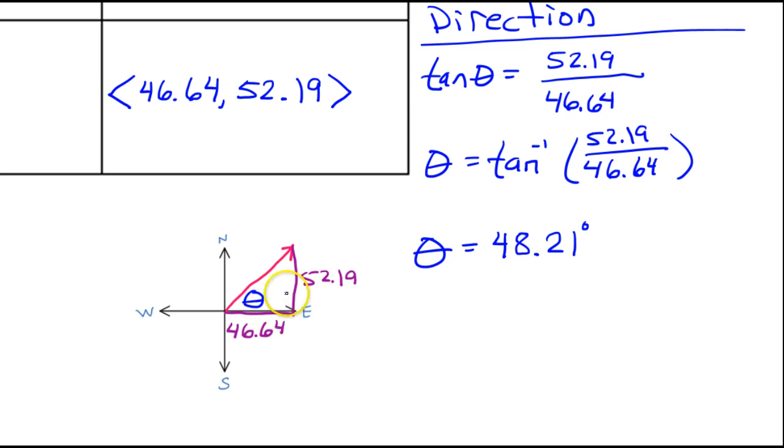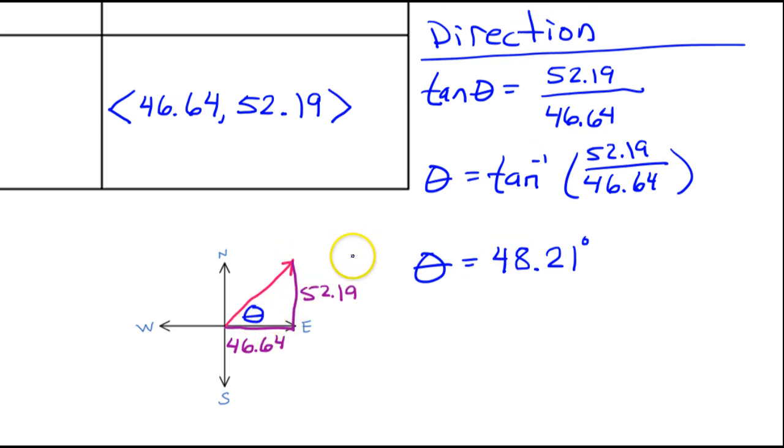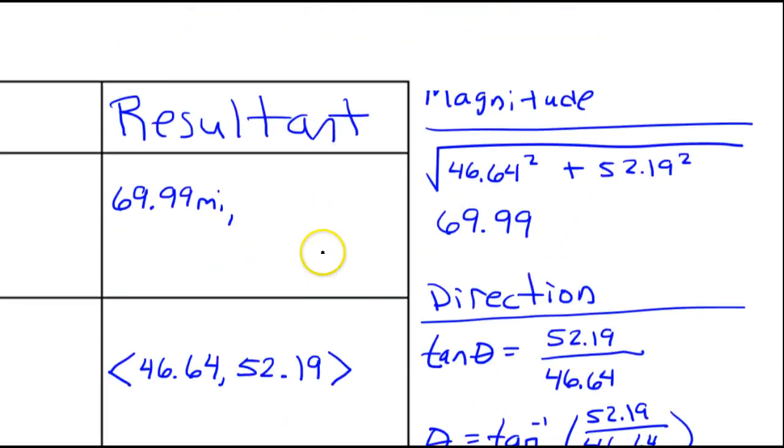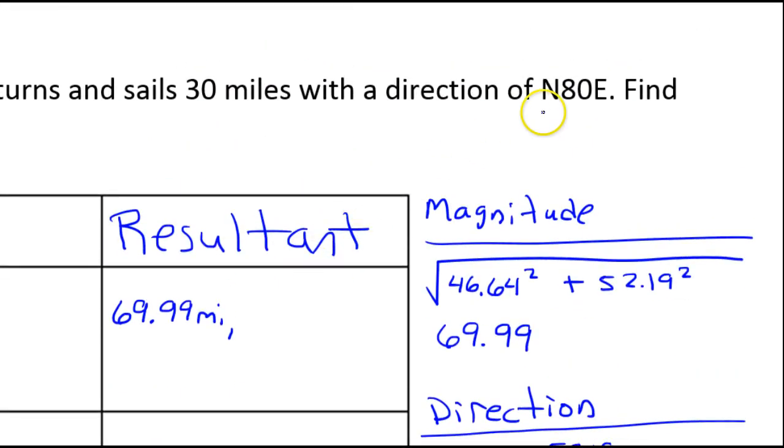Now, sometimes that is the direction that we want. But in this case, we cannot use this for the final answer for one reason. Your final answer has to give the direction using the same format that was used in the original problem. So in the original problem, they did not just give us an angle measured from the east counterclockwise.